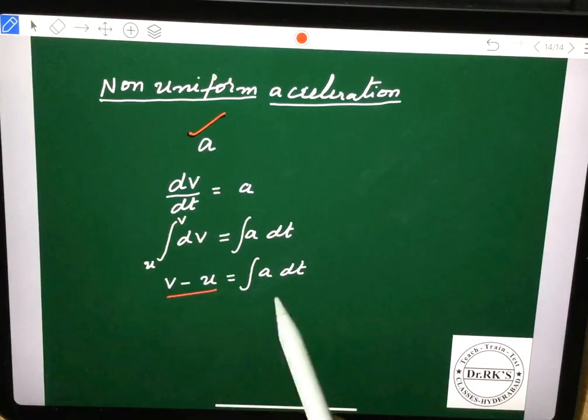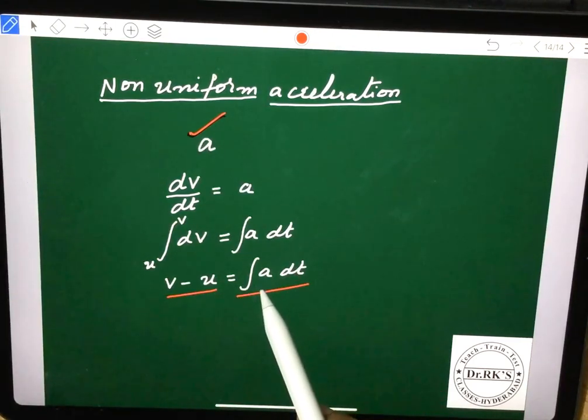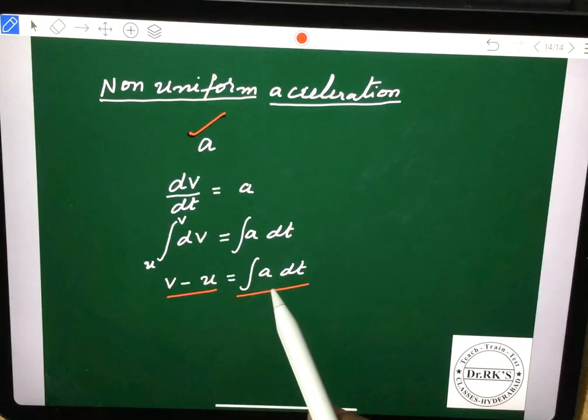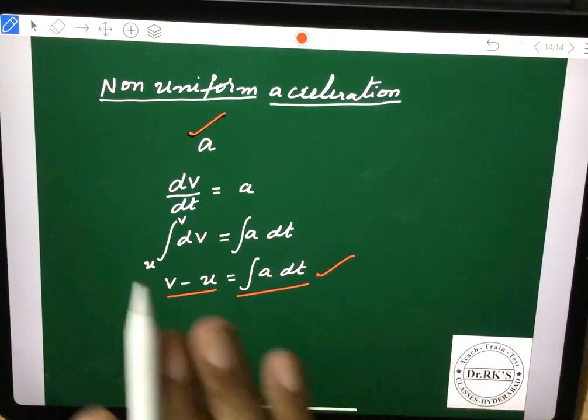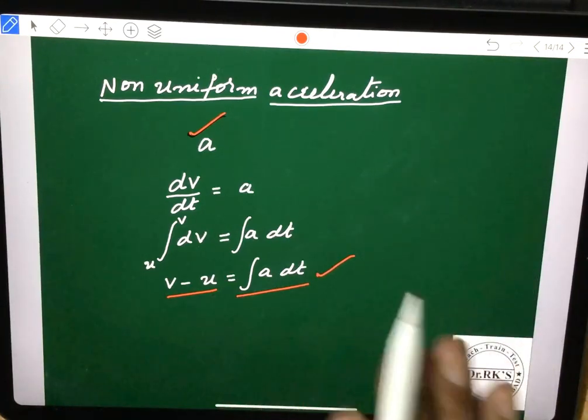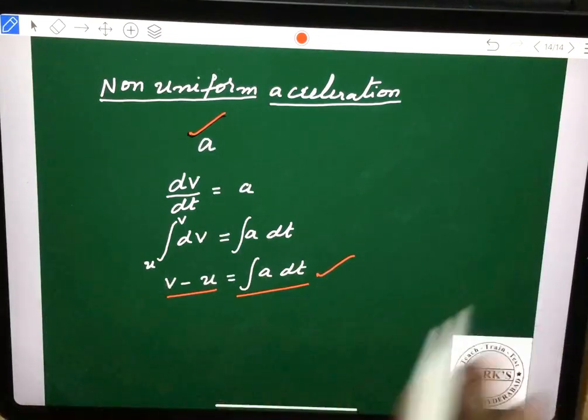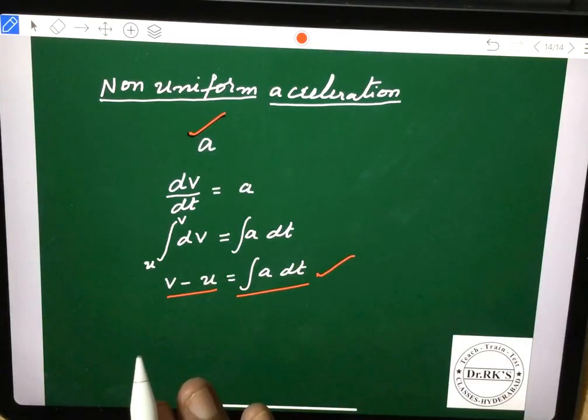Once a is given as a function of time, you can find the velocity. Similarly, find the displacement. So whenever an object is in non-uniform acceleration, we have to use a calculus method to find either displacement or velocity.